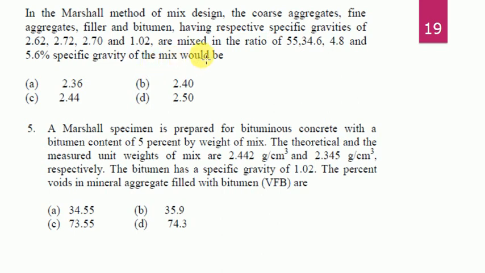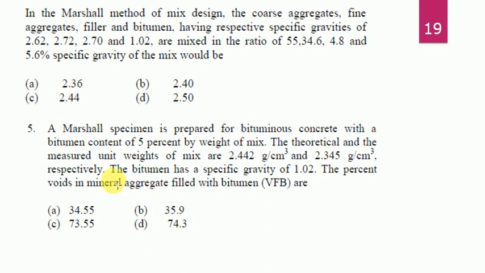That is the first formula that I am talking about: W1 plus W2 plus W3 plus WB, divided by W1 by its specific gravity, W2 by its specific gravity, W3 by its specific gravity, plus WB by GB, the specific gravity of bitumen, and that value is the specific gravity of the mix.